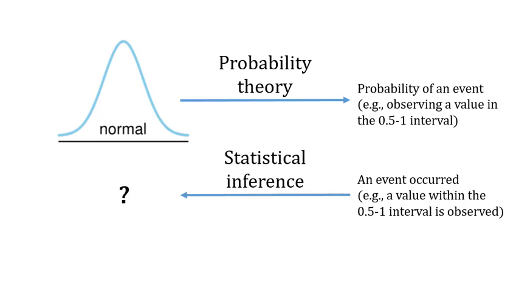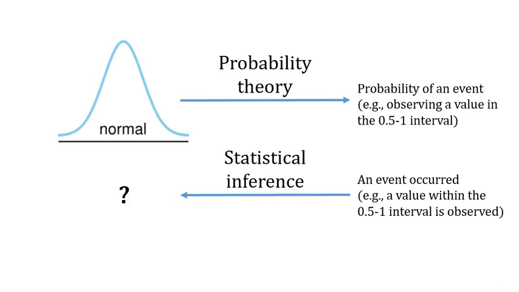In previous videos I talked about probability a lot, and the idea is that in statistical inference we are going the other way around. So in probability theory we start with a distribution, and once the distribution is given, we determine how probable an event is.